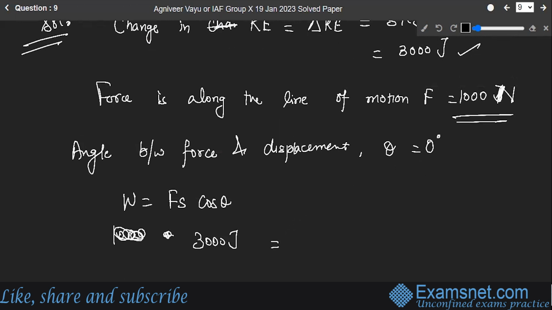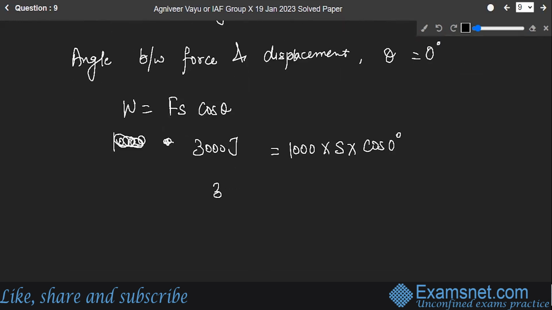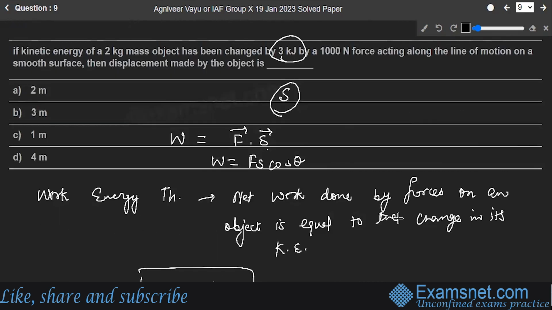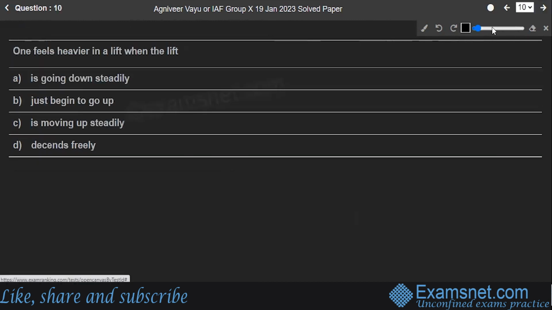It was 1000 newtons. And displacement, I have to calculate, cos of 0 degree. So 3000 is equal to 1000 into S, cos 0 degree is equal to 1. That makes S equal to 3 meters. So displacement is equal to 3 meters. That is option number 2, B. This is the correct answer. Next is question number 10.